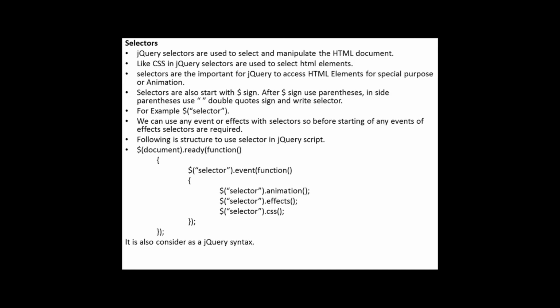We are all aware of this word selectors, and these selectors are already used in CSS. We use selectors in CSS for applying different CSS effects or adding different CSS properties.